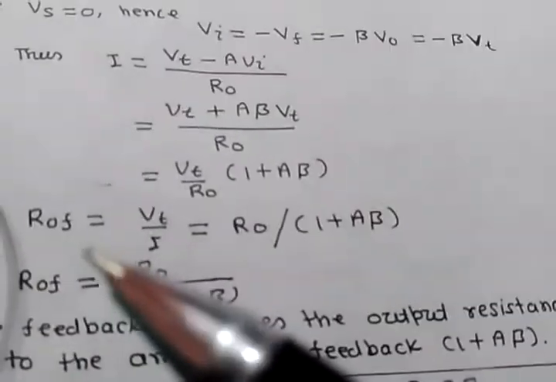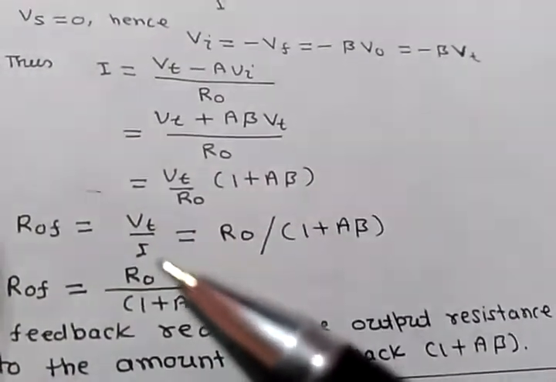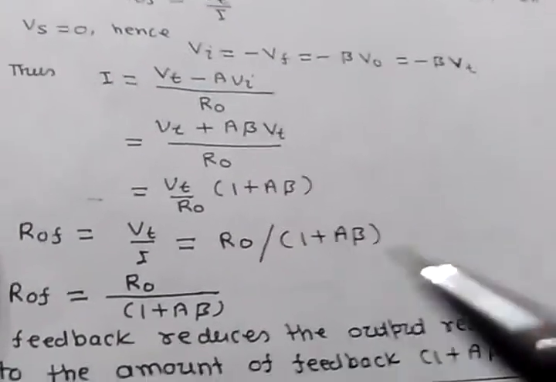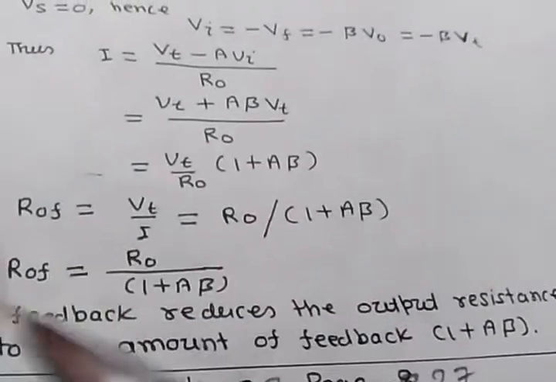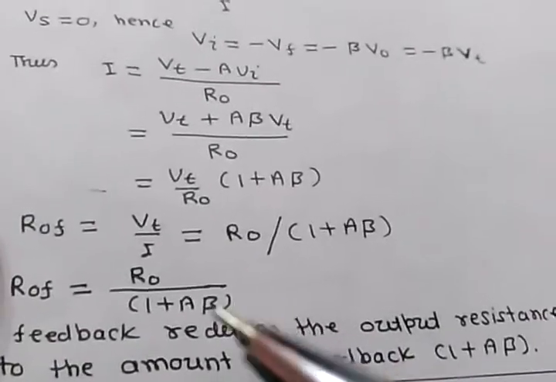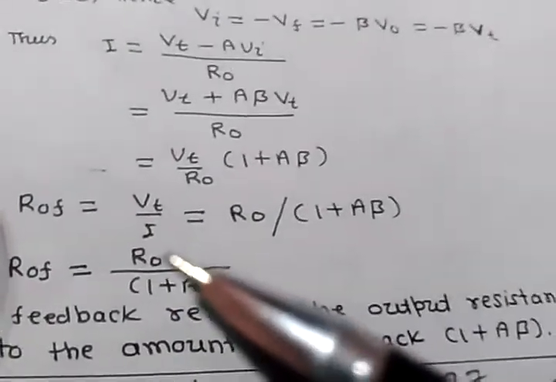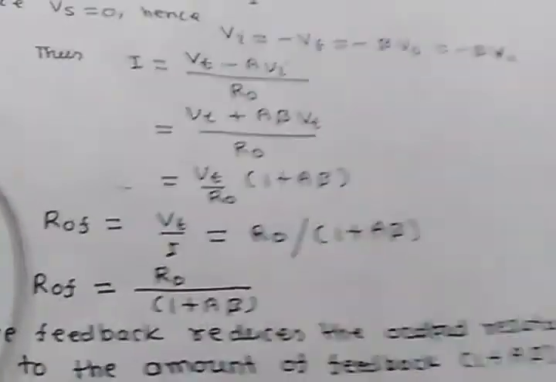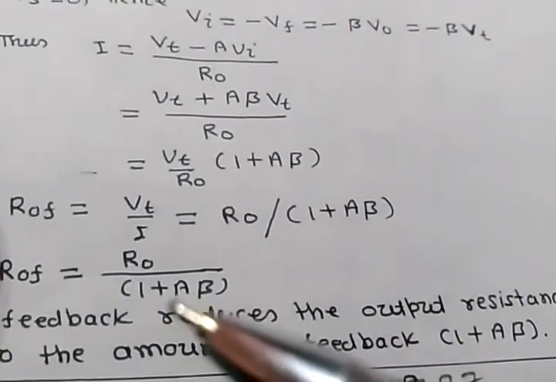So output resistance with feedback will be equal to Vt upon I equals Ro upon 1 plus A beta. So this is the expression for the output resistance with feedback in case of series shunt feedback amplifier, where Ro is the output resistance without feedback, beta is the feedback factor, and A is the open loop gain.